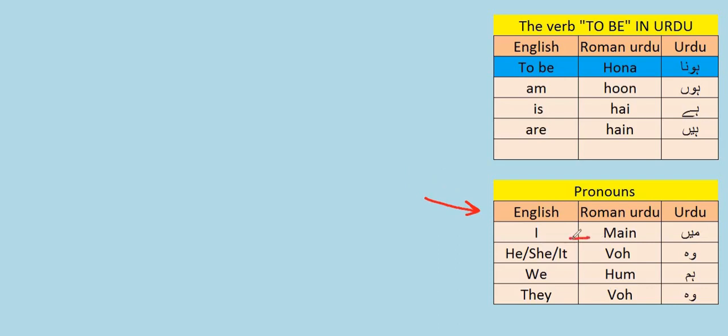I is main, and again n we can pronounce in the nose; the correct pronunciation is main, but people can pronounce it as ma. Then for he or she we use woh, we is hum, and they is again woh. So don't confuse, we will inshallah learn it in detail. There are other ways to differentiate the gender in Urdu language, like he or she, or to differentiate the number, singular or plural. So for now we can use these.